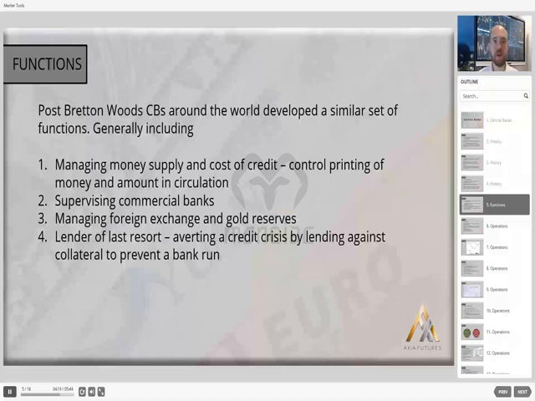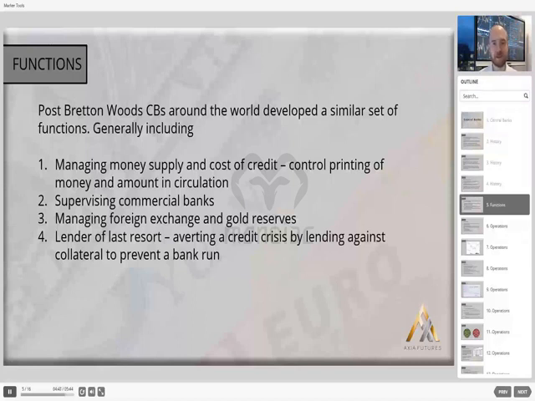If I have lots of money and someone else has lots of money, there's a fight between us to lend that money out, and to compete you will lower your interest rates. So increasing the supply of money will actually lower interest rates in the economy generally, thereby reducing the cost of credit, or heightening it by reducing that supply of money and slowing the economy down.